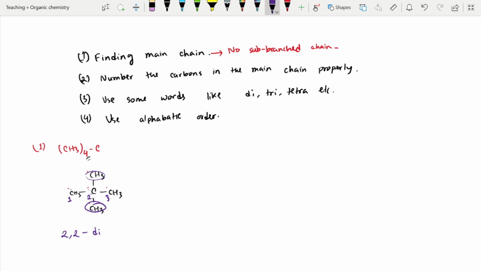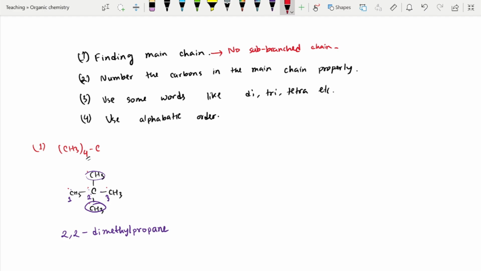Dimethyl because there are two methyls, and propane because there are 3 carbons in the main chain. As it is 3, we will use the word prop, and the name ends with ane. 2,2-dimethylpropane.